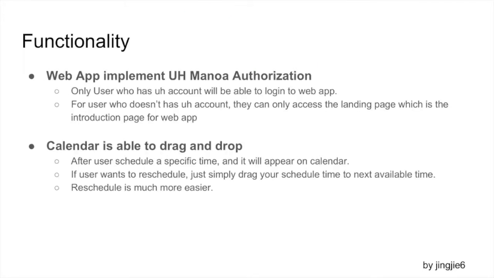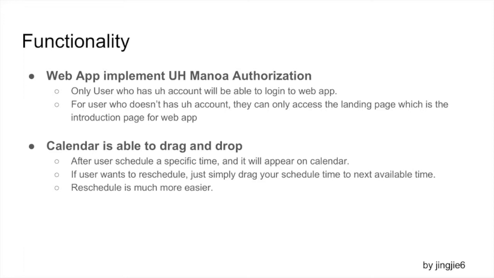The main functionality of our app implements UH CAS login. Only users who have a UH account will be able to log into our app. However, users who don't have a UH account can only access the landing page, which is the introduction page for our app.